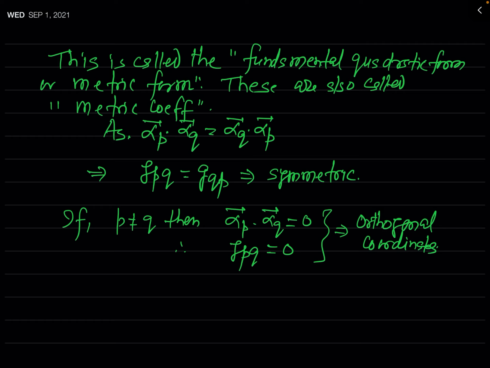But in fact, the concept of orthogonal coordinate system is more important, and particularly you can see in this condition, when you consider the different values of p and q, what will be the values of g_pq in case of orthogonal curvilinear coordinate system.